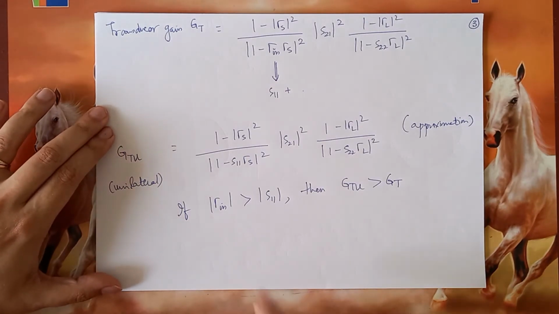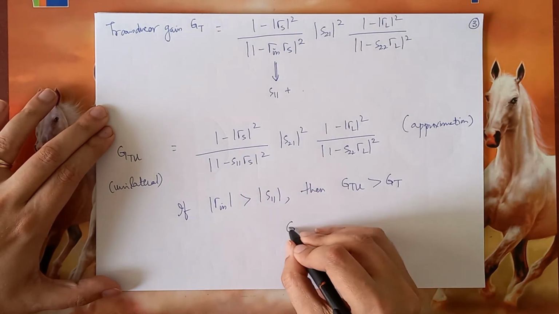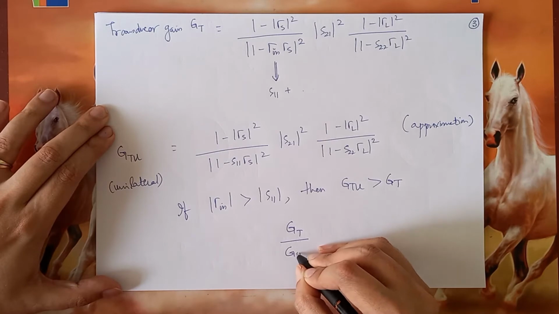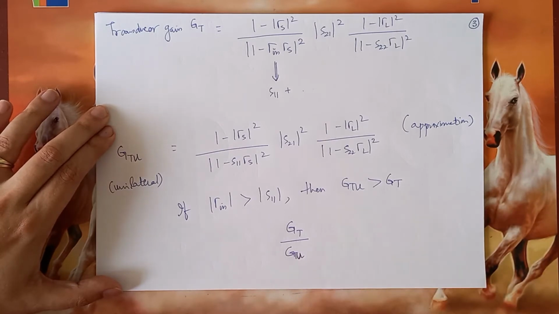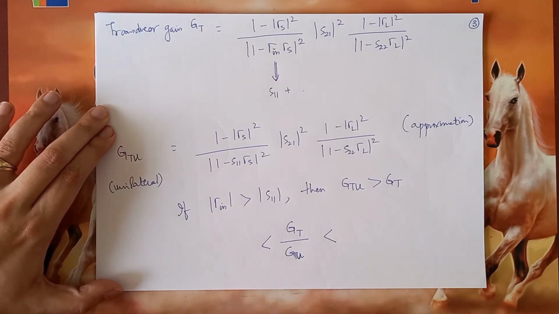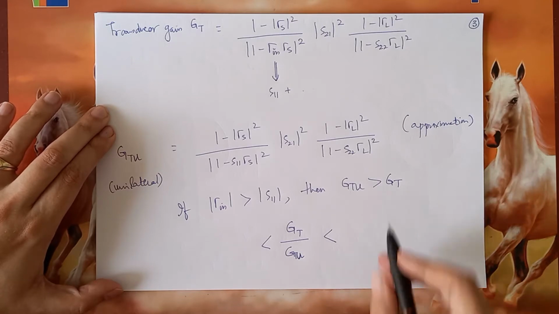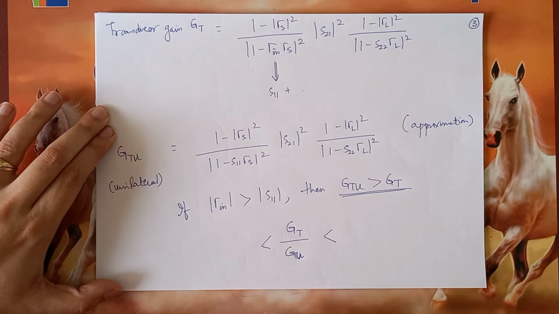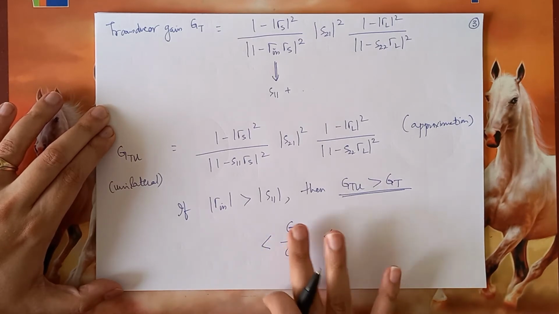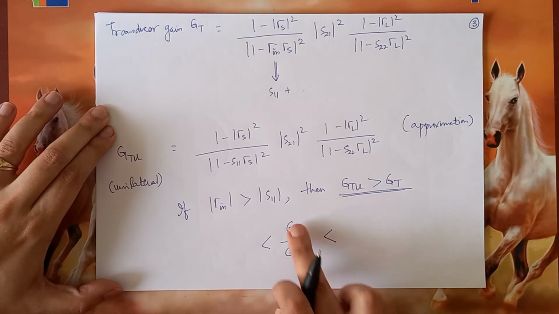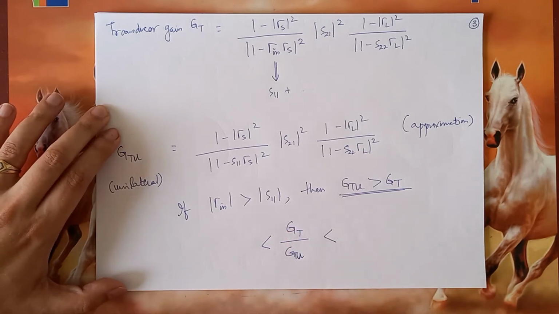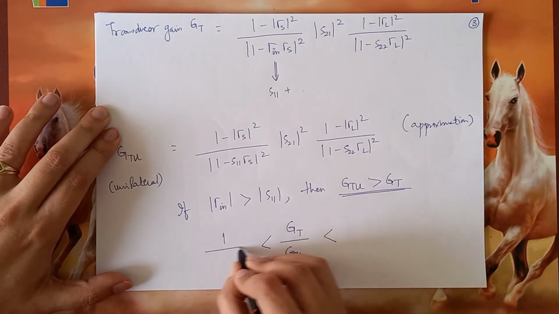Essentially the ratio of the actual gain GT to the unilateral gain GTU gives an indication of the error, and there is a bound for this, a lower bound and an upper bound. The derivation is not very important. If you make this approximation, the variation in the approximated gain versus the actual gain, assuming it to be unilateral, is something like this.